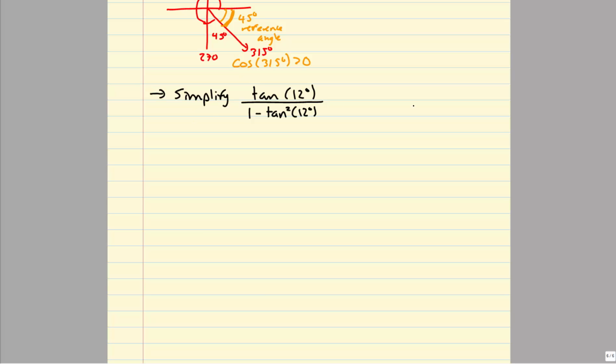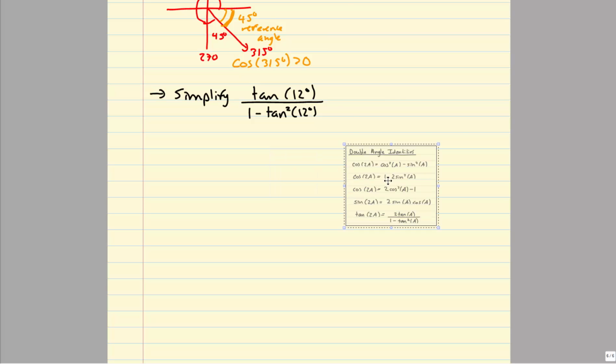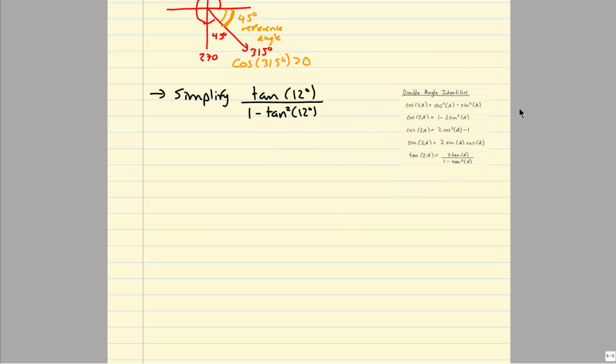Now let's go ahead and look at our little note card that we keep popping in here. The only one that this even looks remotely similar to is this bottom one with tangent. So I'm pretty sure we're going to be using this. However, it's not quite the same. If you notice, there's this 2 here that is not showing up in our expression. So let's see if we can do some rewriting.